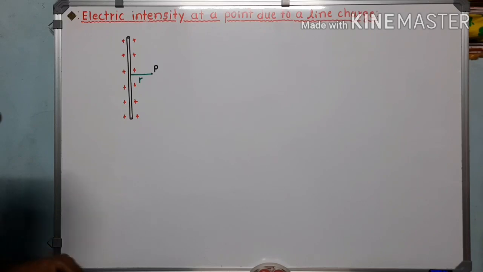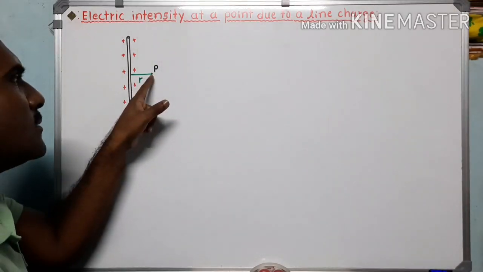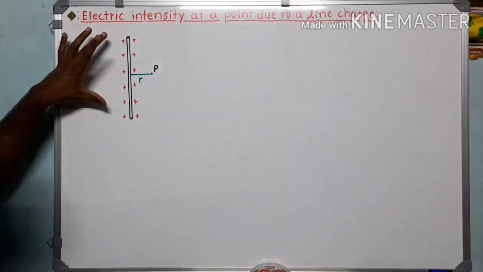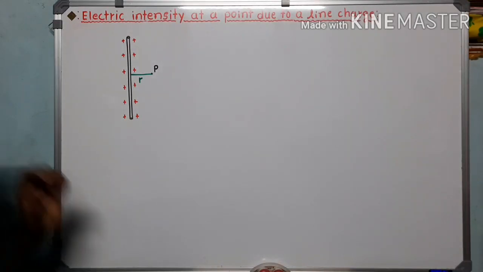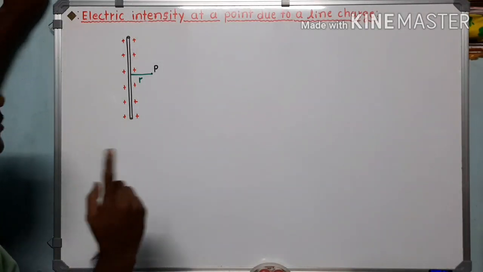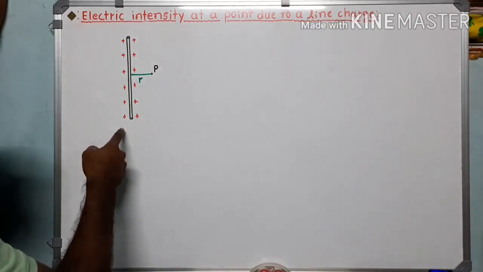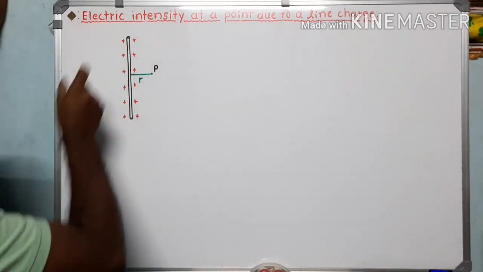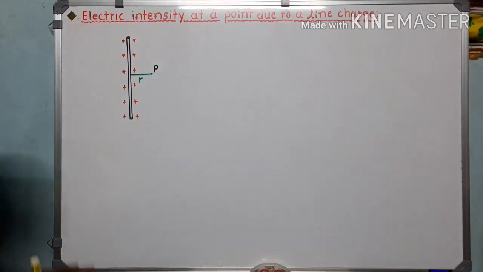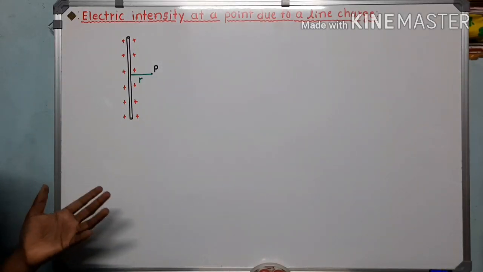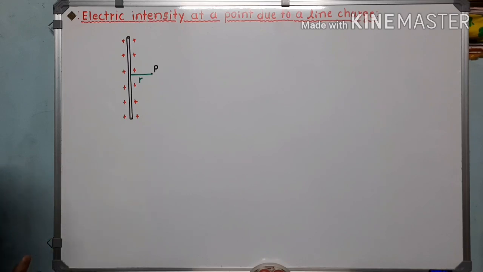Now, how much intensity is produced at point P due to this charged wire? My dear students, once again you must keep in mind, here there is no single charge. Here many charges are distributed, that is, here also a complex distribution of charge is there. That's why we are going to apply Gauss theorem here.